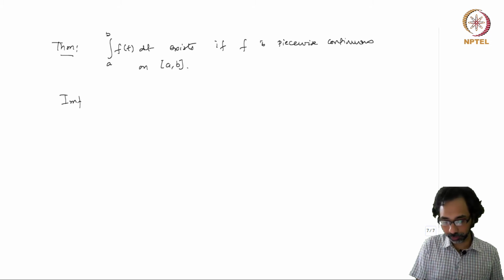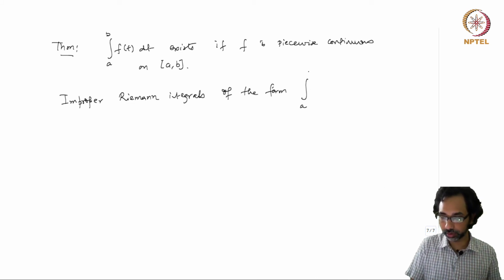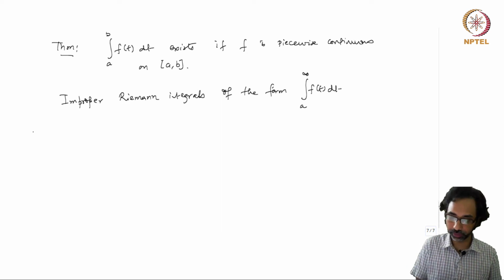Now for improper Riemann integrals, we can state a sufficient condition, improper Riemann integrals of the form integral from a to infinity of f(t) dt.